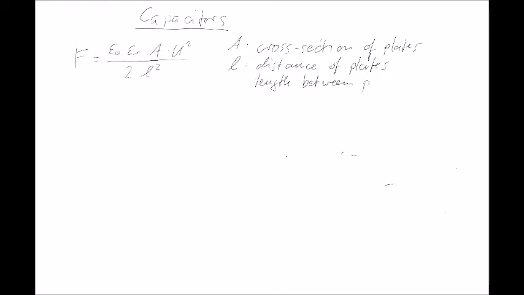So basically, the two things that we can influence through design are A, the cross-section area of the plates, and L, the length or the distance between the plates. Those are the two that can be influenced.